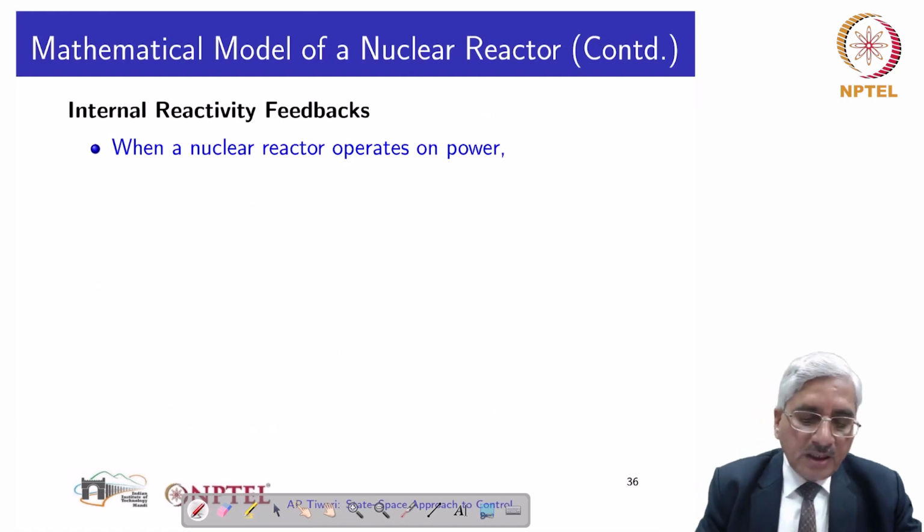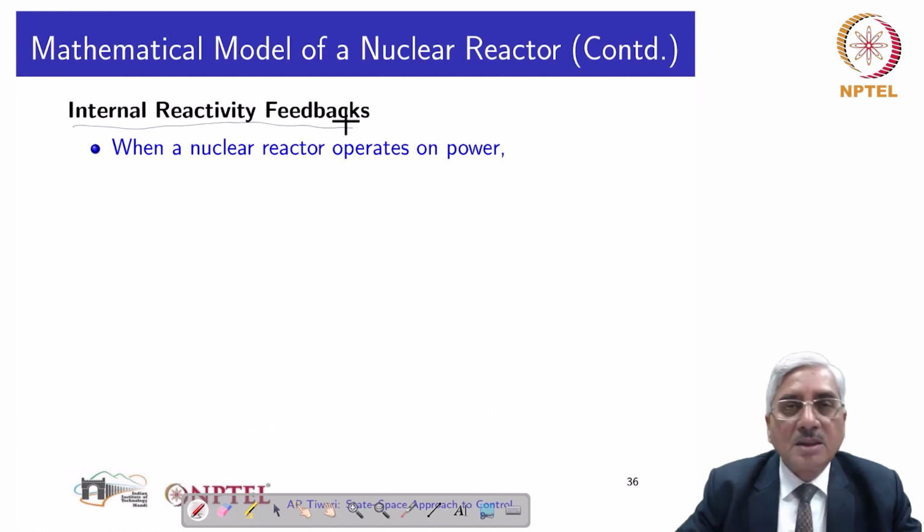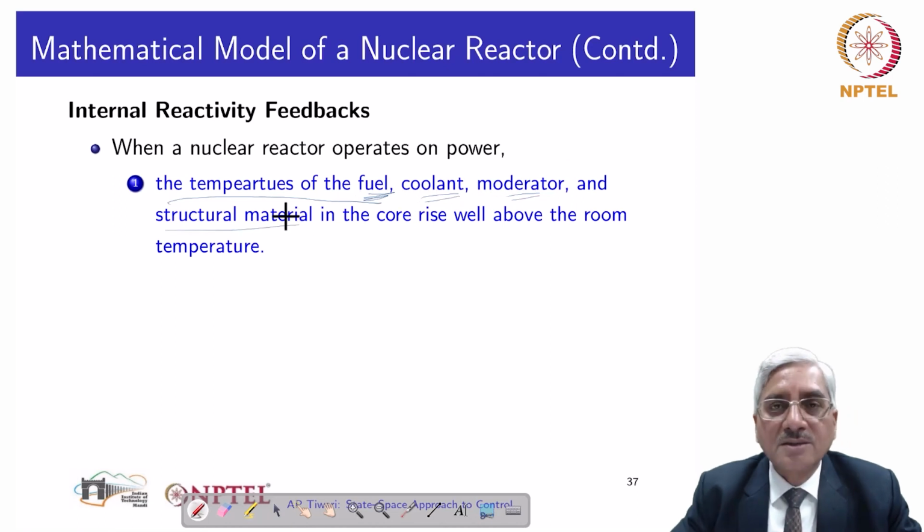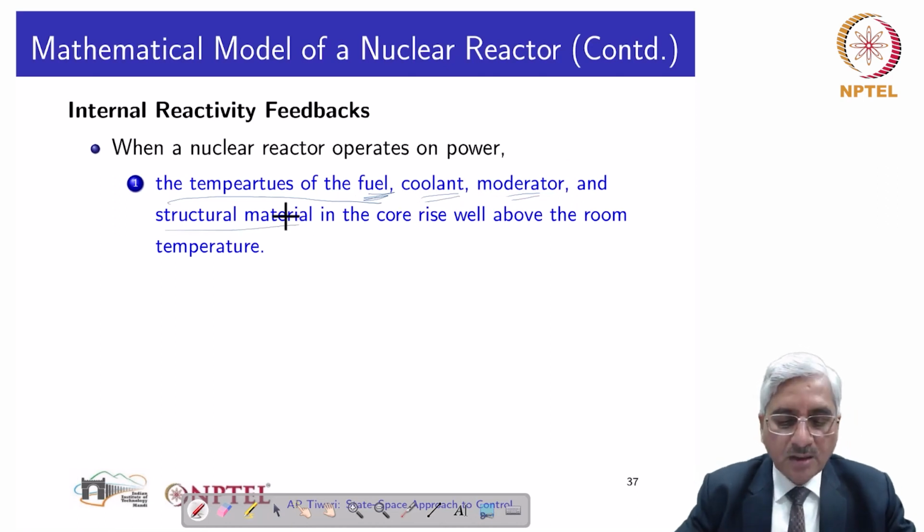There are some other phenomena. One is called internal reactivity feedbacks. When a nuclear reactor operates on power, the temperature of various core components, fuel, coolant, moderator, and even the structural material inside the core, rises well above room temperature.